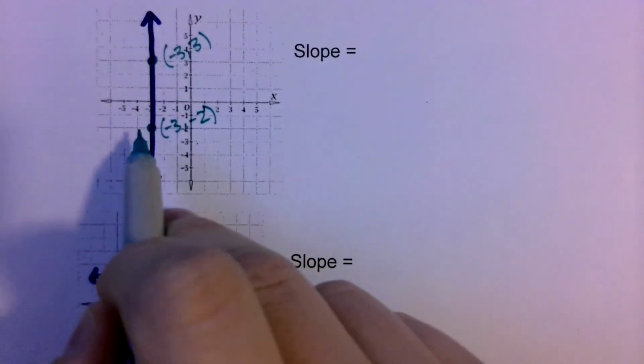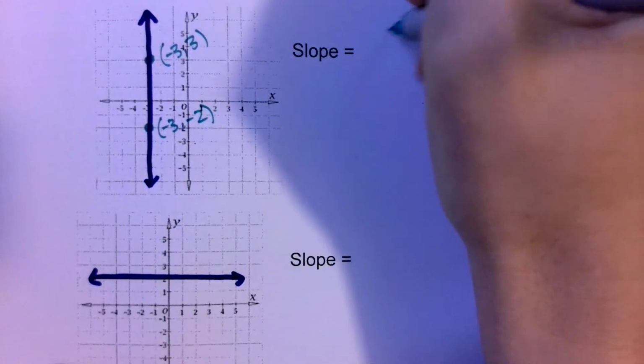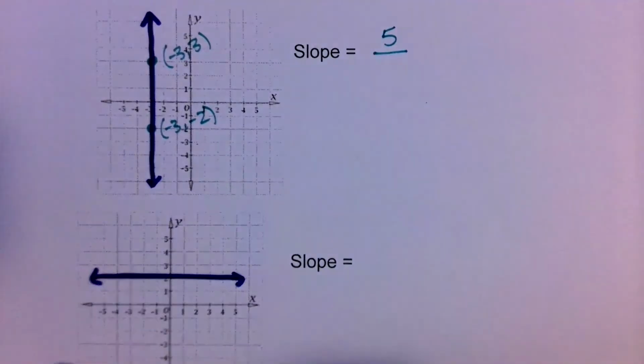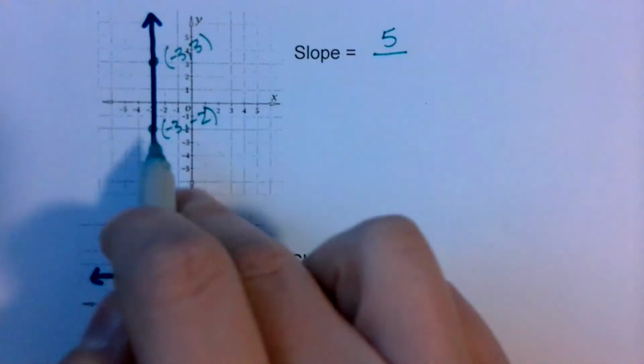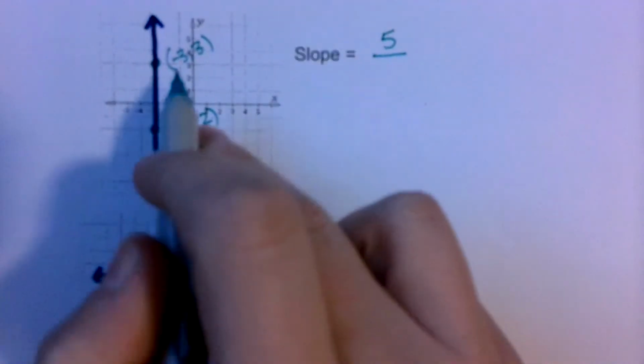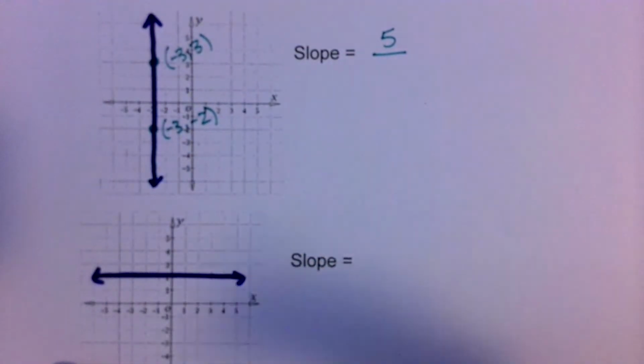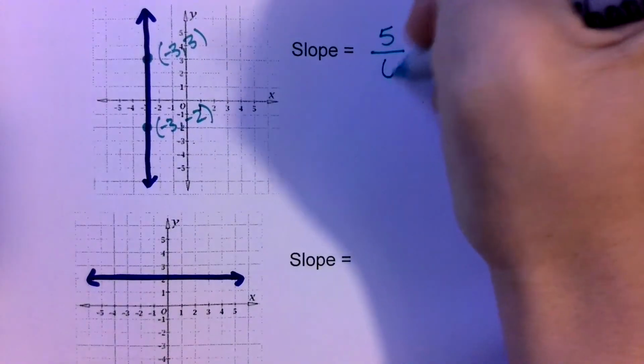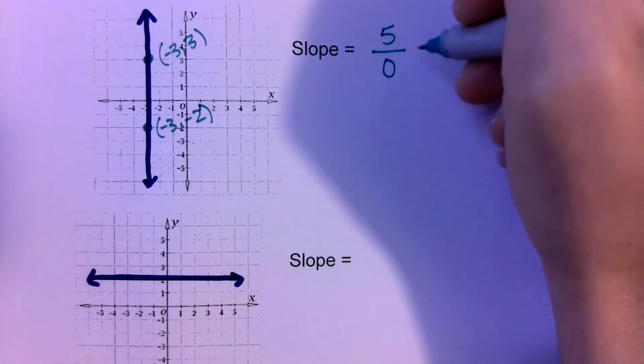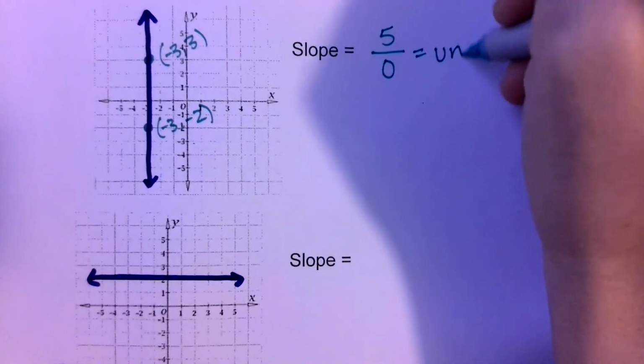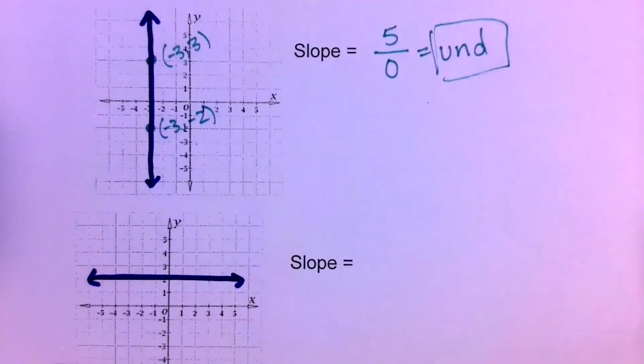So that means that my rise, it could be different depending on which 2 points I pick. For this one, my rise is 5 or a -5, doesn't really matter. But my run is always going to be 0 because to change from -3 to -3, I didn't go anywhere left or right.